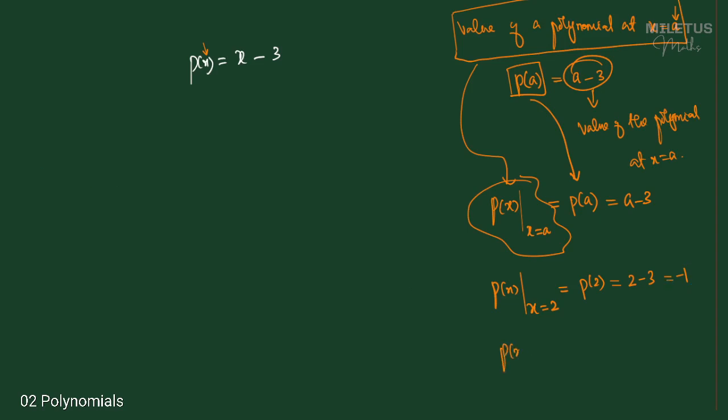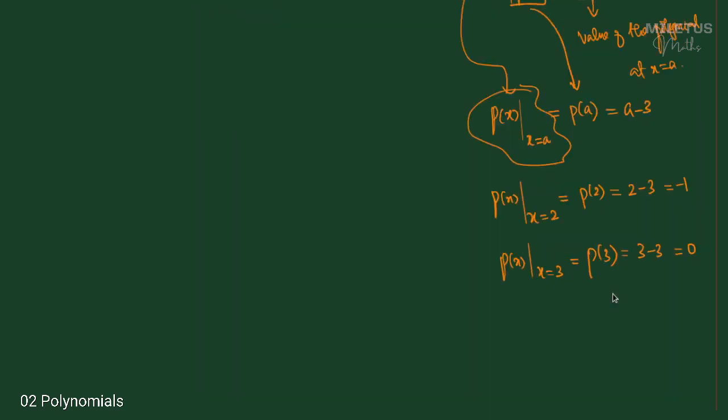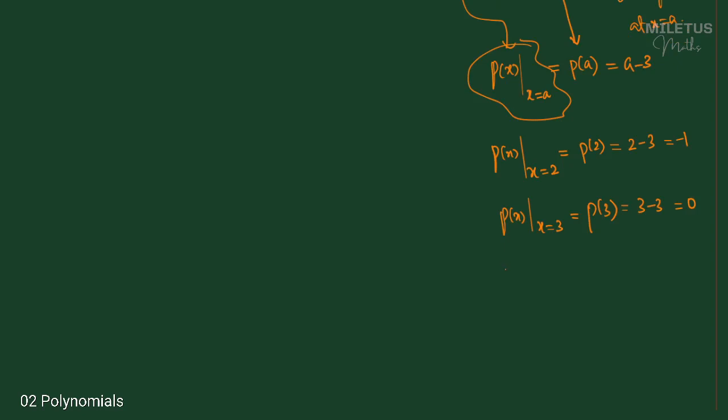Let's calculate p of x at x equal to 3, and that would be equal to p of 3, and that is 3 minus 3, which is equal to 0. Now similarly, let's take one more example. The value of polynomial p at x equal to 4 is p of 4, and remember that was x minus 3, so 4 minus 3, which is 1.